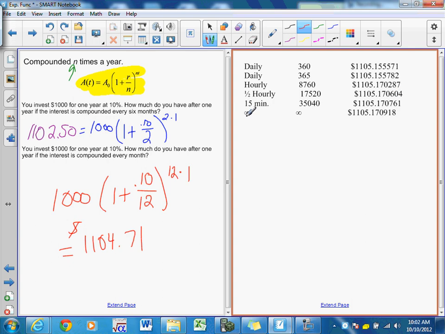And if we just go to infinity, we just do it nonstop every second all year, we go to $1,105.170918. So you can see, this is our n, right? As our n goes up, we don't add much. We eventually kind of level off. We stop.